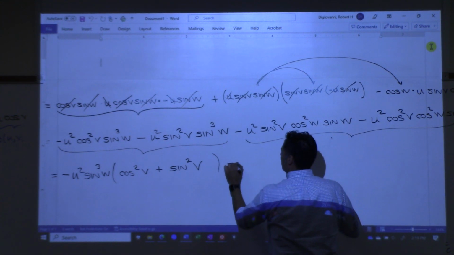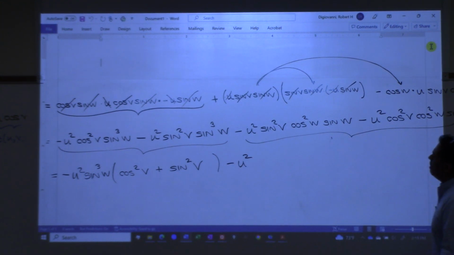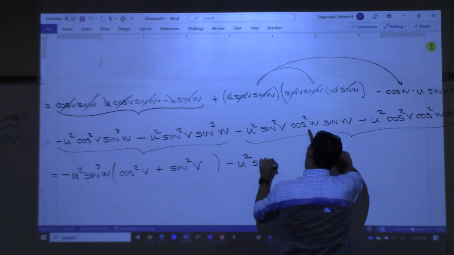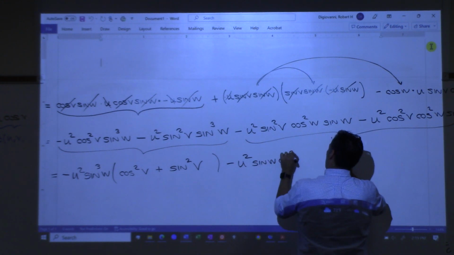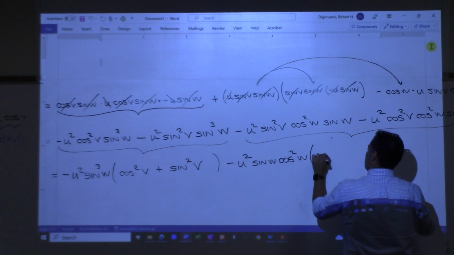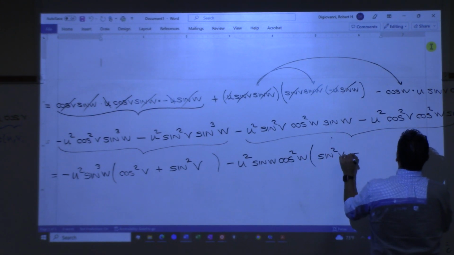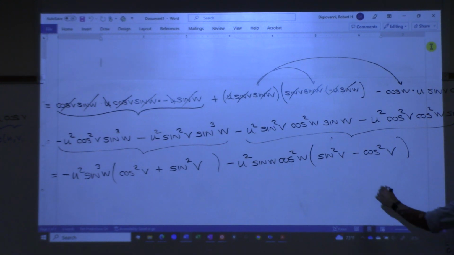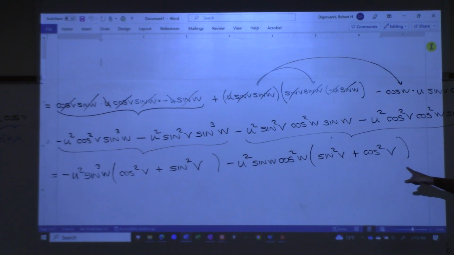They both have a minus u squared, right? What else do they have in common? Sine w and a cosine squared w, right? So if I pull the u squared, the sine w, and the cosine squared w, I'll be left with sine squared v minus cosine squared v. Plus. We pulled the negative out.